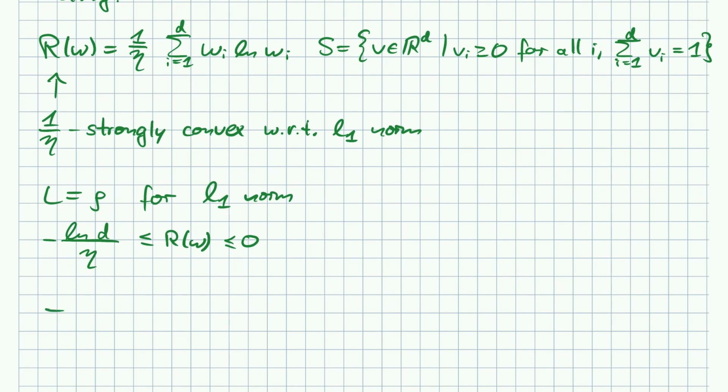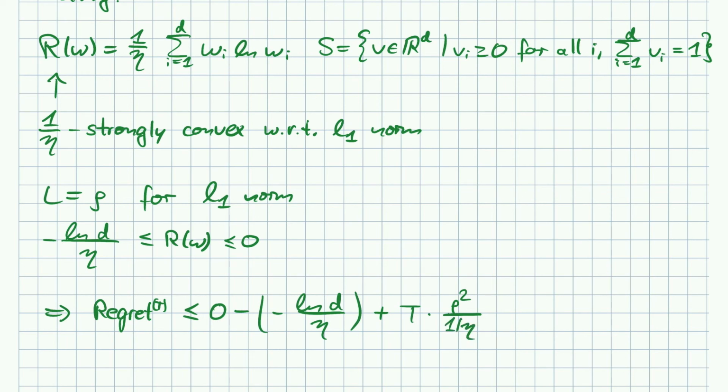So what's the regret bound? The regret is the maximum value that the regularizer can take minus the first value that the regularizer takes, plus T times our Lipschitz constant squared divided by the strong convexity parameter, which is 1 over eta.